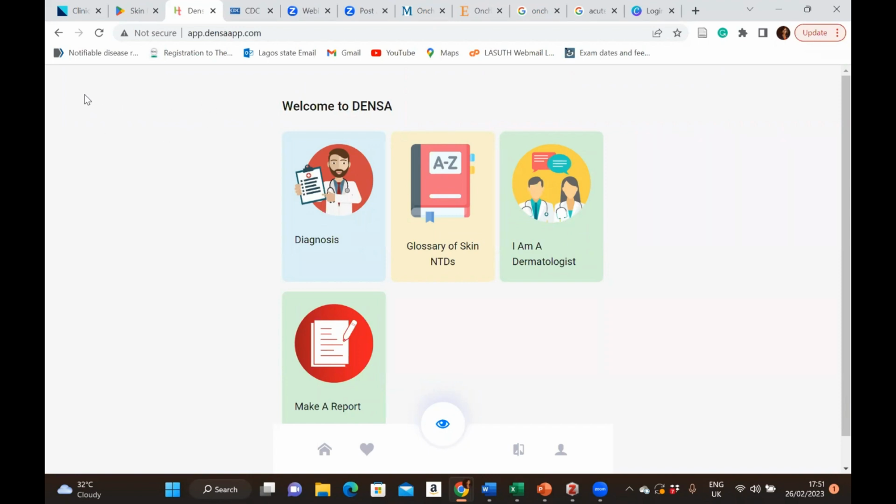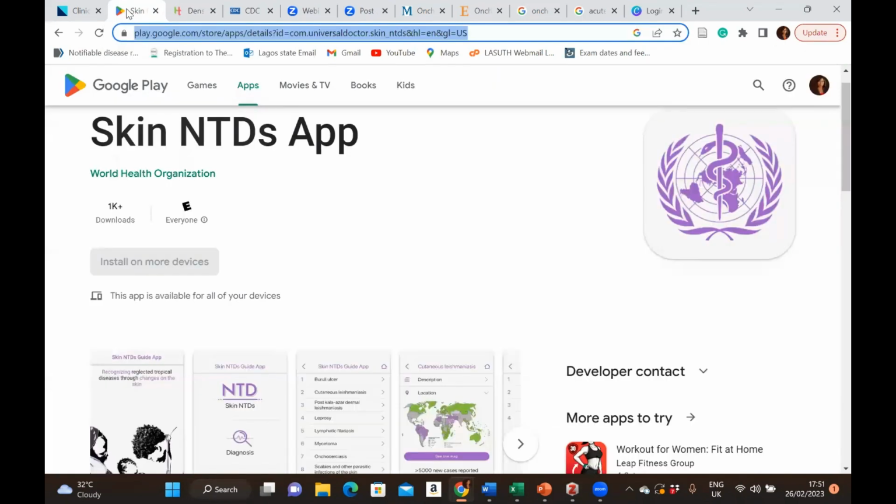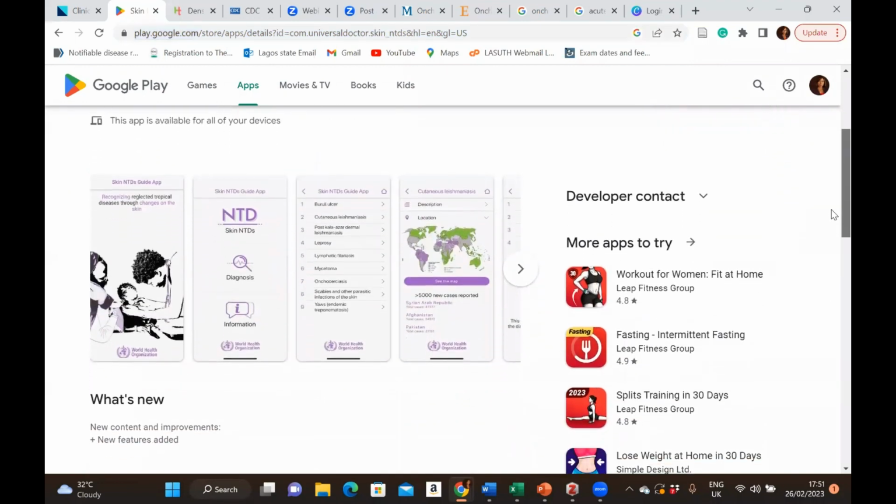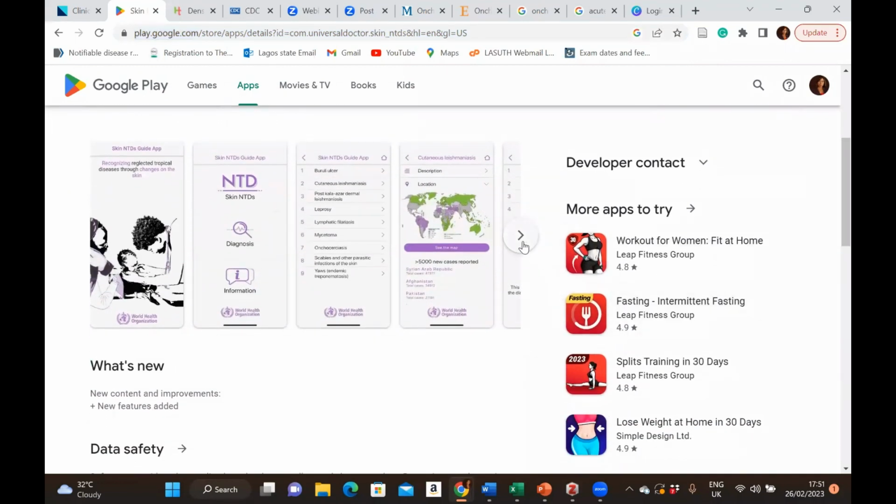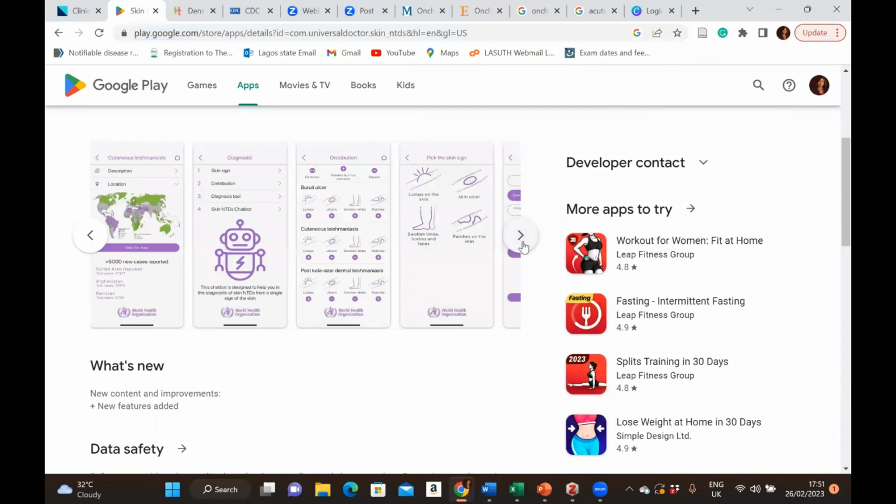Also, I would advise you to download the WHO Skin NTDs app on your phone, and you can use that as a guide while you are working in the hospital.